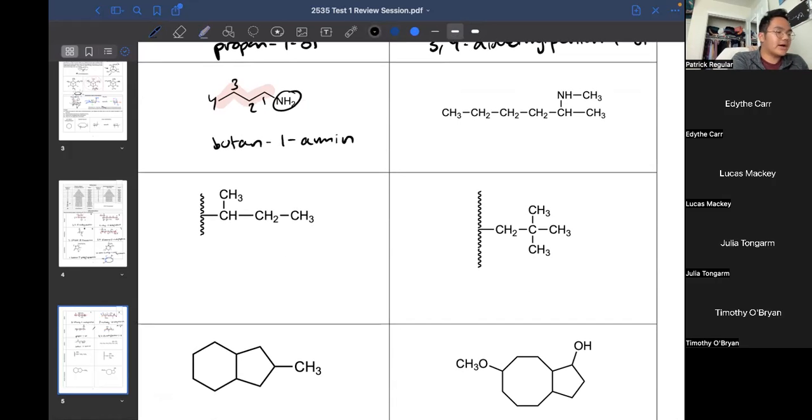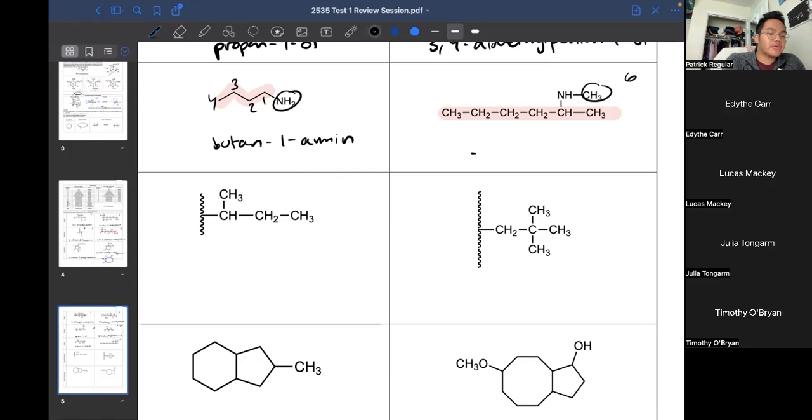Now, this is the tough one we're looking at. This is our longest carbon chain. It is a hexane for 6 carbons, but our only branch is an amine and a CH3 on that amine. Now, that CH3, whatever branches are on the amine, we treat as normal branches. If this was an ethyl group, we keep it as an ethyl.